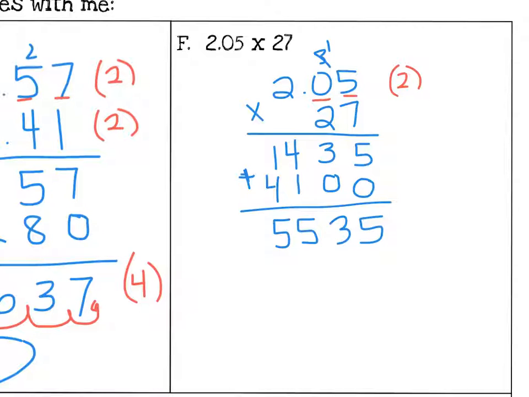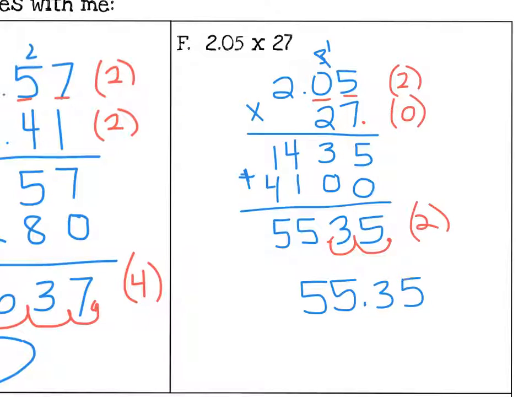And then in our other factor, 27, I don't see a decimal point, which means that it's at the end of the number. So there are no digits after the decimal point in 27. So down in our product, we want 2 total digits after the decimal point. So we'll bounce it over 2 places. And then our final answer is 55 and 35 hundredths.